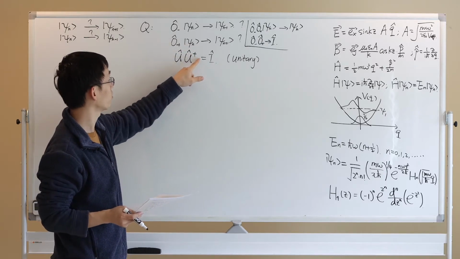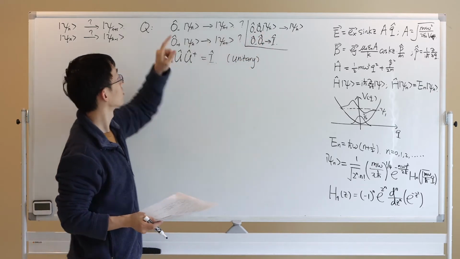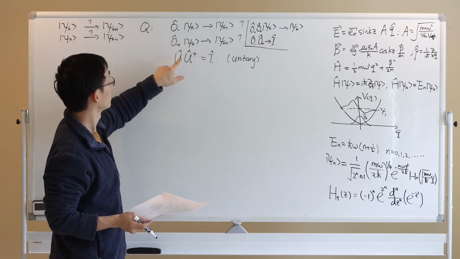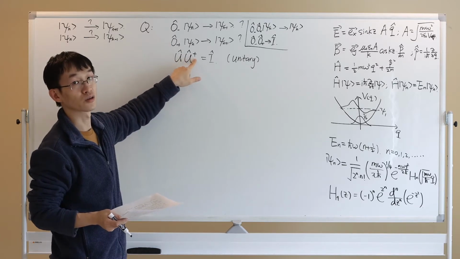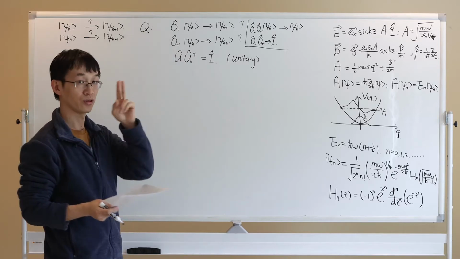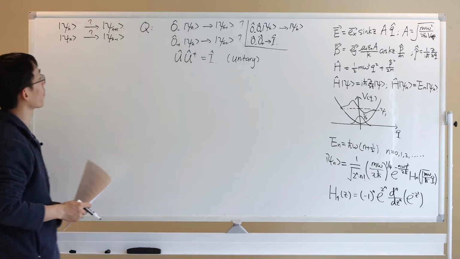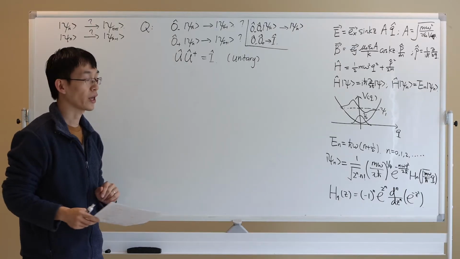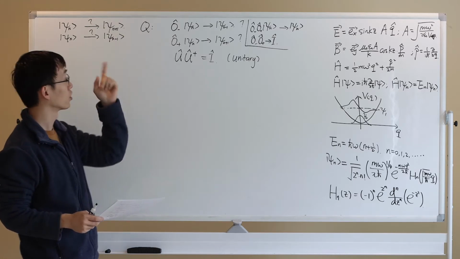Because it has to create one and lower one to give you the identity. So if one of them is unitary, then the other one is its transpose conjugate. That way you don't have to carry two operators. You only need to use one operator. Now let's try to guess what this creation and annihilation operator will look like.